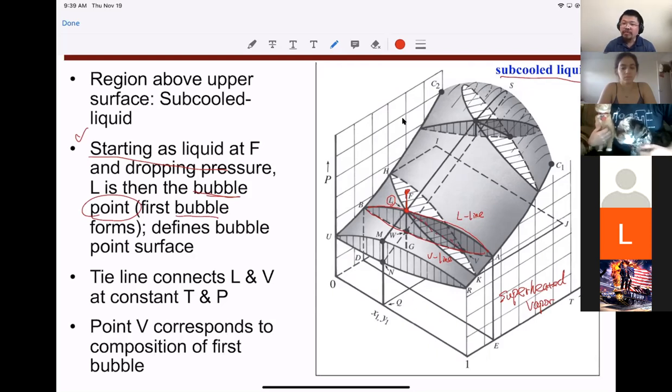Over there, you are going to read the values for the equilibrium vapor composition. So this will tell you Y1, and of course, you're going to have the Y2 value. All right, so this is what we refer to as the tie lines connecting the liquid and vapor at this fixed temperature and pressure.